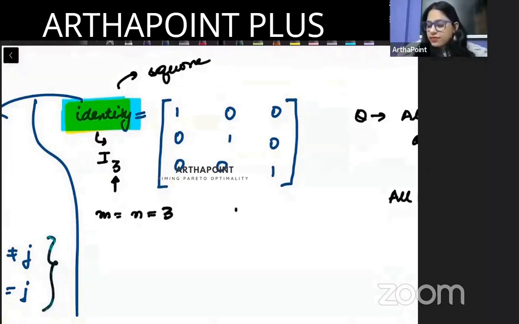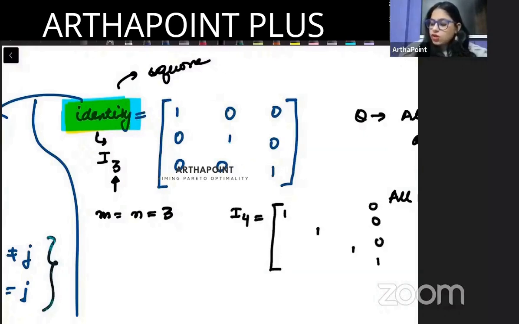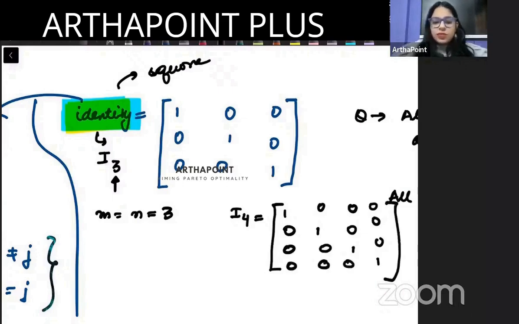If I had written I4, it would have meant that the number of rows and columns are 4. I could have got something like this. This would have been I4. So this represents an identity matrix whose number of rows and columns are 3.